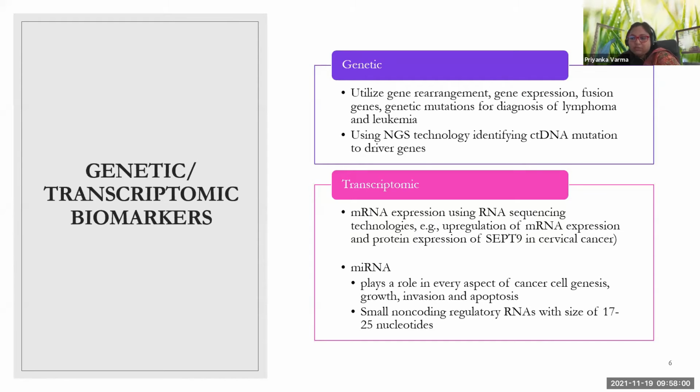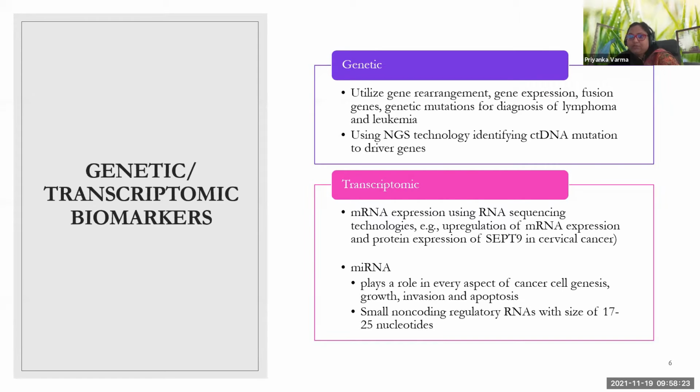What are genetic biomarkers? Genetic biomarkers utilize gene rearrangements or gene expression, fusion genes, or genetic mutations for diagnosis of several cancers, like, for instance, lymphoma and leukemia, which are being applied currently.